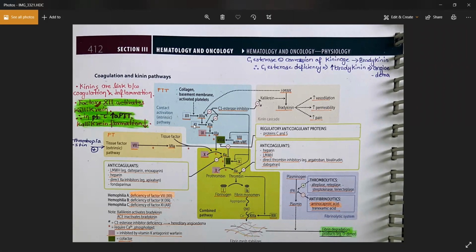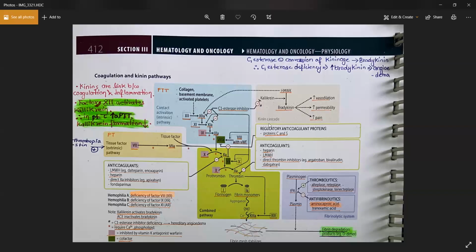So in the case of deficiency of C1 esterase inhibitor, you will have a high level of kallikrein, which will convert more high molecular weight kininogen into bradykinin, so more bradykinin is formed, and as a result more vasodilation, more permeability, and more pain can occur. That is the reason why in C1 esterase inhibitor deficiency you have angioedema, because of the vasodilation and increased vascular permeability. Is that okay?